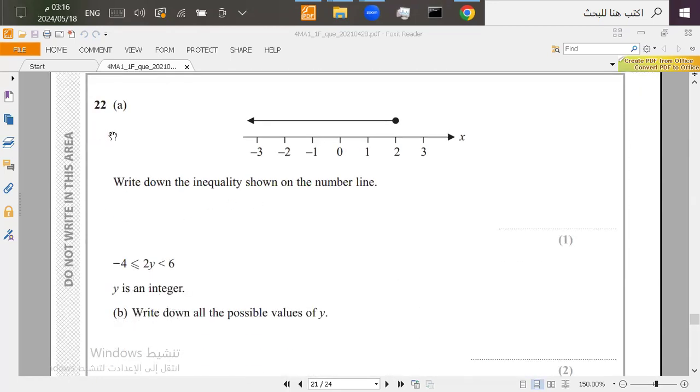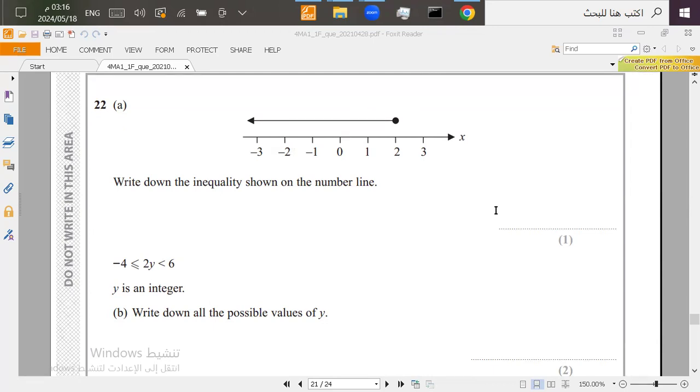Question 22A. Here we have an inequality. Write down the inequality shown on the number line. Let's take a look here first. We can see that it starts from here. So the number is 2, and the circle is closed. It means it's equal at the same time.